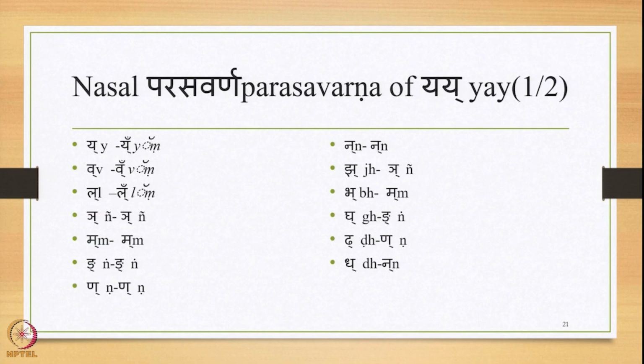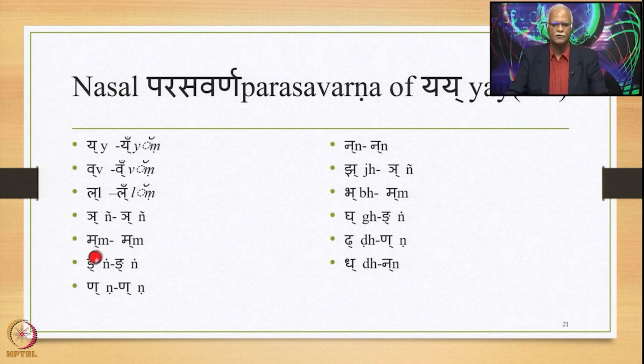Let us throw a quick glance at the nasal parasavarnas of yai one by one. If ya is the substituent, the nasal parasavarna substitution of ya is nasal ya. Va is the substituent and the nasal parasavarna substitution of va is nasal va. Similarly, la is the substituent and the nasal parasavarna substitution of la is la. Ya is the substituent and its nasal parasavarna is ya.